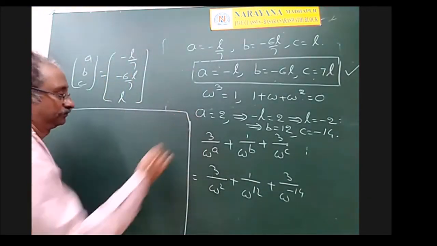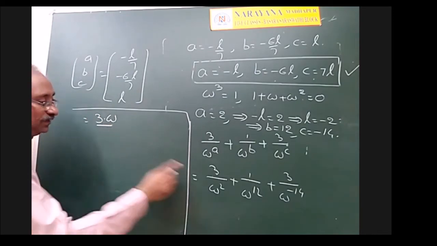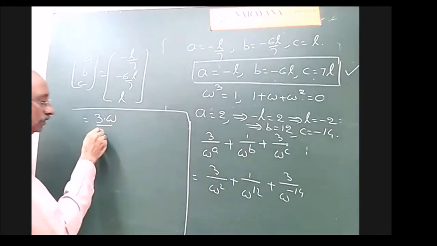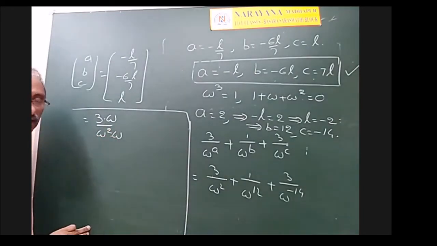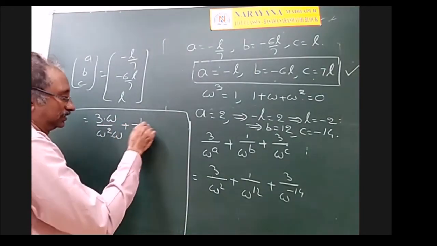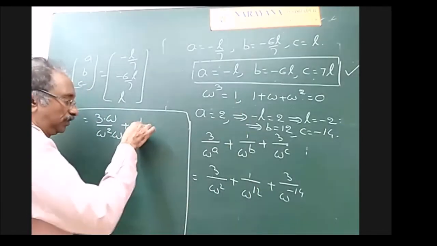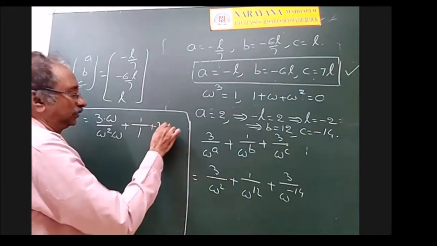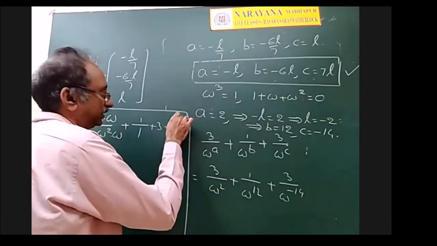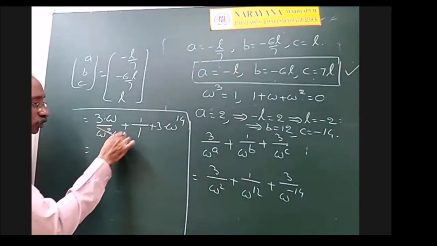Okay. So that is equal to 3 into, if you multiply this fraction by omega in numerator and denominator, you will get like that. Omega cube is already 1. Omega cube whole power 4 means 1 power 4, 1. And 3 into this new denominator can be written in the numerator like this. And omega cube is 1.